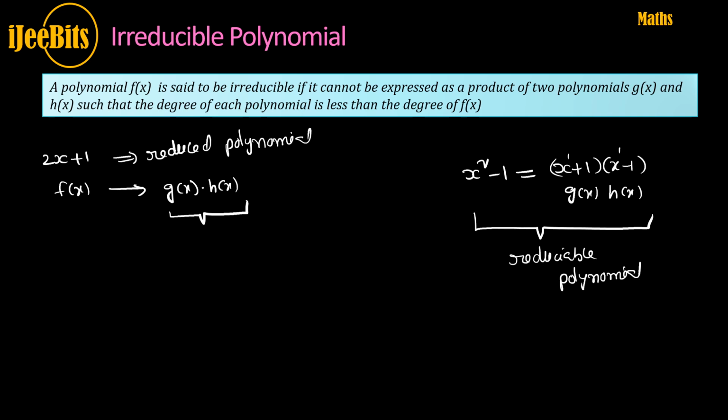So this is the difference between a reducible polynomial versus an irreducible polynomial. Based on this concept, all our partial fractions can be resolved. Okay, let's move on to the next subtopic.